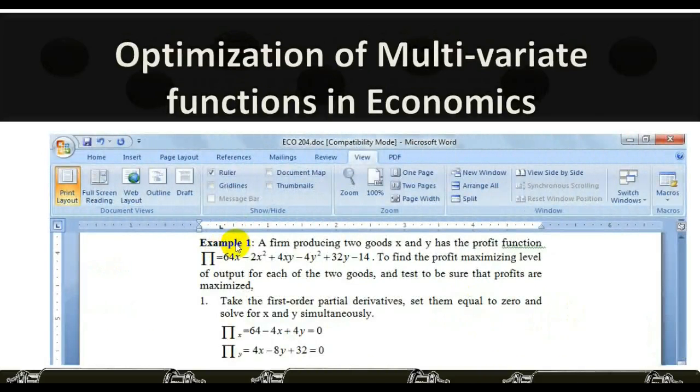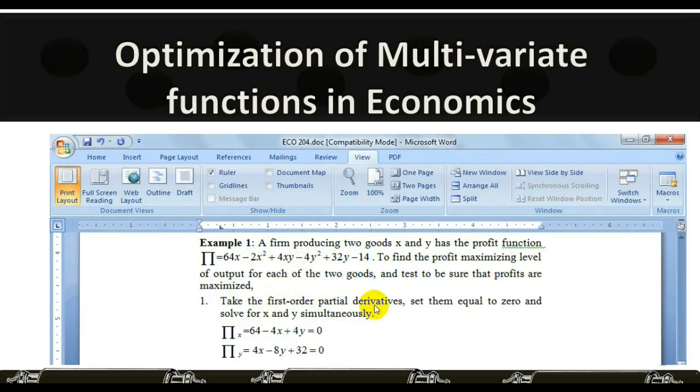Example. A firm producing two goods x and y has the profit function pi equals 64x minus 2x squared plus 4xy minus 4y to power 2 plus 32y minus 14. Find the profit maximizing level of output for each of the two goods and test to be sure that profits are maximized. 1.